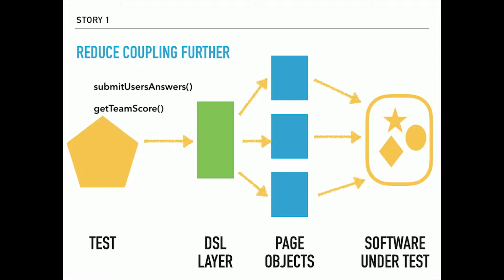So our test will say, I want you to submit this user's answers for this quiz. And the DSL layer would go, fine, I need to talk to this page object to log in this particular user. Then I need to use this page object to navigate to the quiz I want to see. And then I'm going to use this page object to actually put in these answers for that user. So it's just an extra layer of abstraction, really.